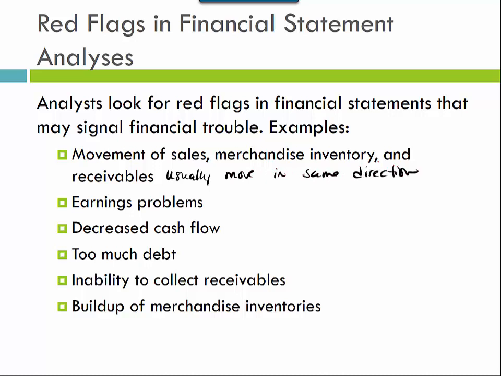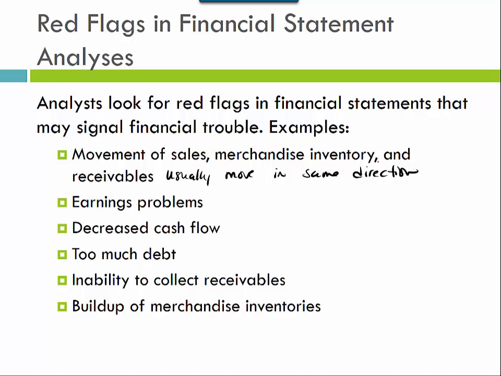So they're all going up or they're all going down. If you were to see something like their receivables going up, but their sales aren't, that might be a red flag. That says they're maybe not collecting. So if they're all going down, that's bad. If they start moving in different directions, that might be a concern. You might want to look at that.